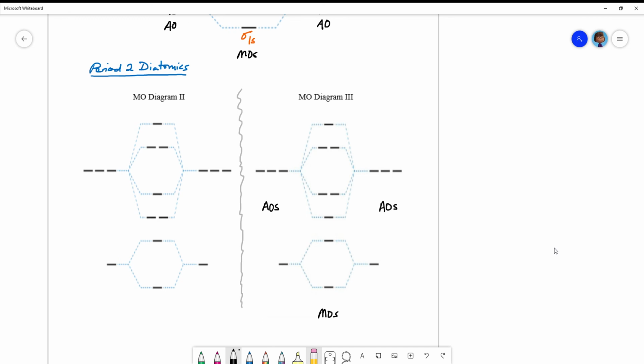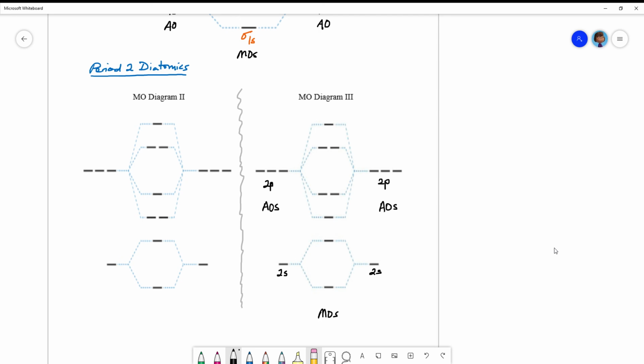So what are the atomic orbitals that we're working with? Well, in period 2, the atomic orbitals possessed by the atoms are the 2s orbitals and the 2p orbitals.